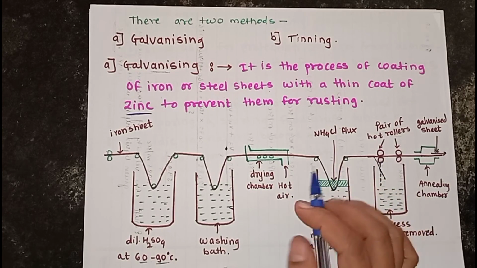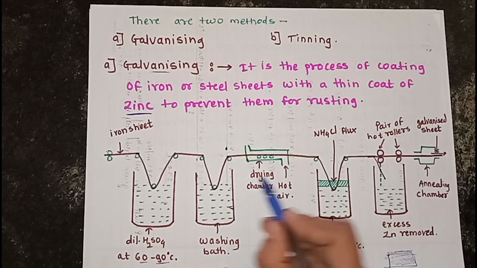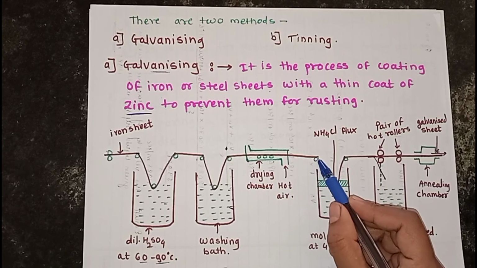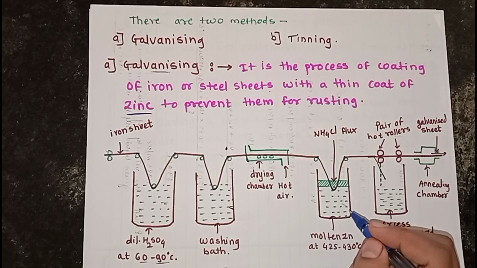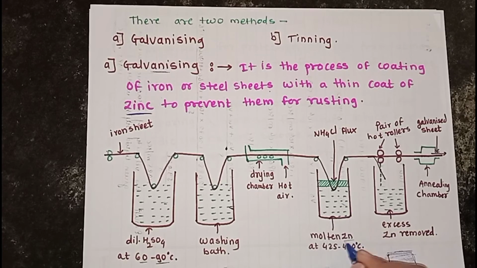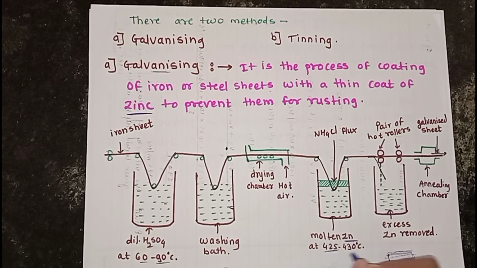dry them, and then these iron or steel sheets are passed into the chamber containing hot molten zinc, and the temperature of this chamber is about 425 to 430 degrees Celsius.